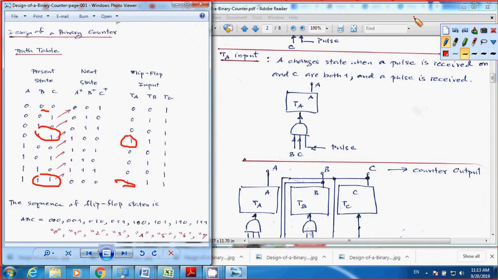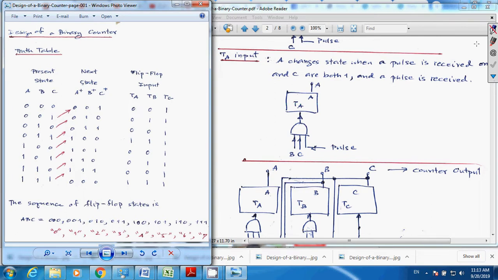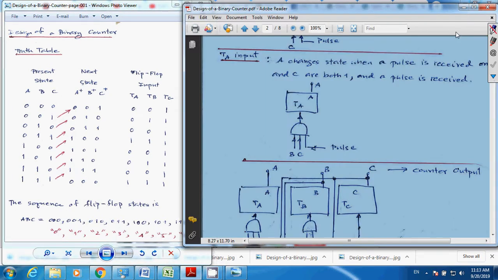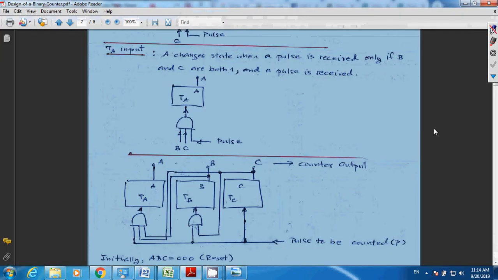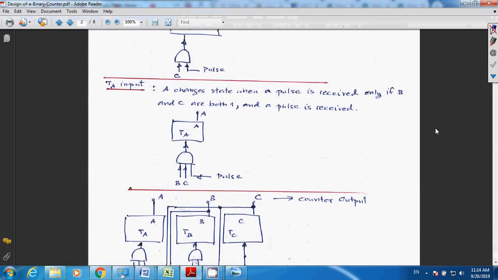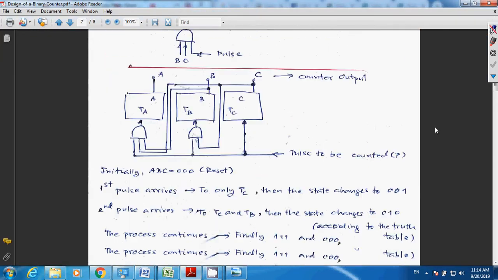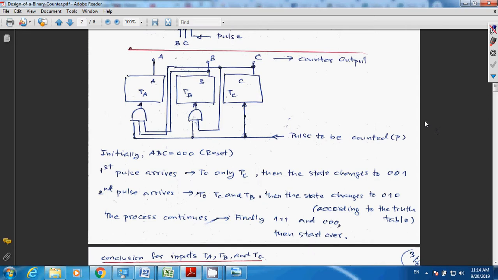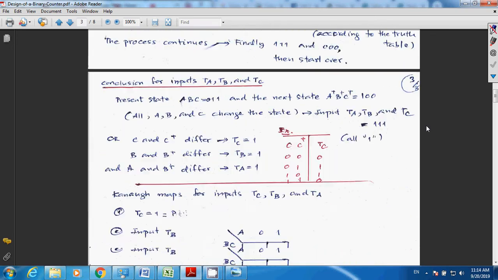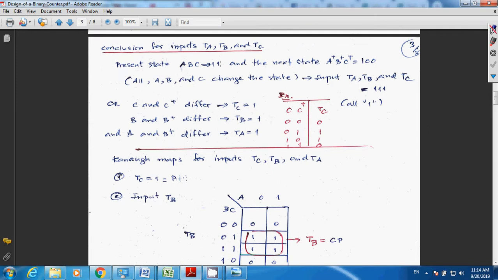Okay, for better understanding, you can also apply a Karnaugh map to create the digital circuit for the T flip-flop inputs. This one I conclude inputs TA, TB, and TC.